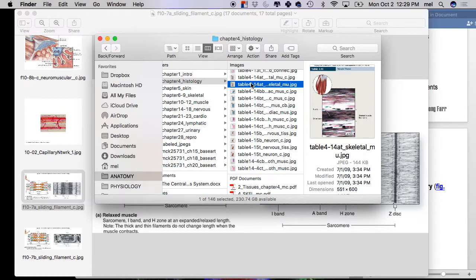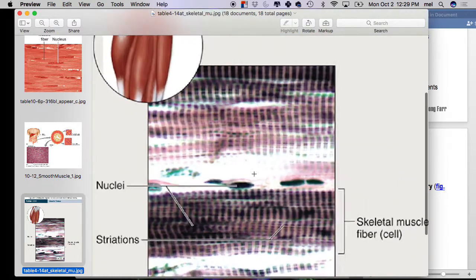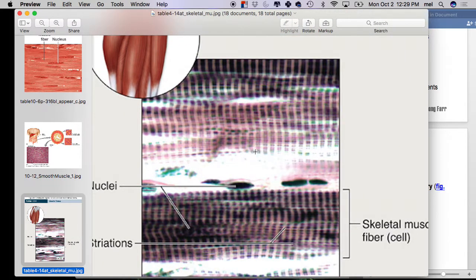Okay, so if you look at this figure, can you see that you've got a dark stripe and then a light stripe and then a dark stripe and then a light stripe? But can you see that there's actually even a little lighter part in the middle of the dark stripe, right? What is that? What are you seeing? The little light part in the middle of the darker stripe? Yeah, you're seeing the H zone, yeah? So if you look at it really closely, you can start to see this whole pattern developing right there. So that's what you're looking at.